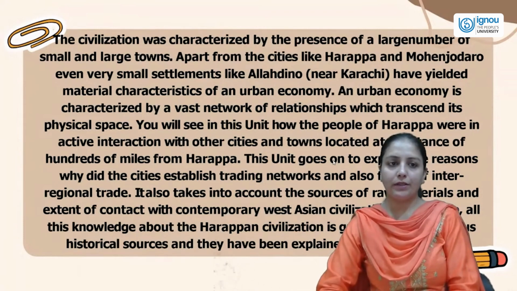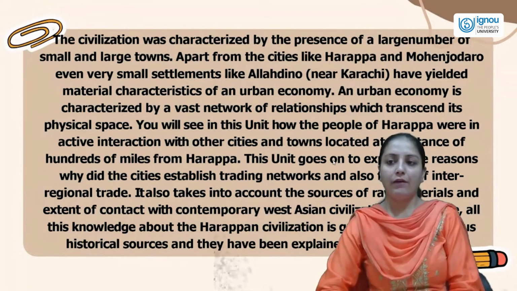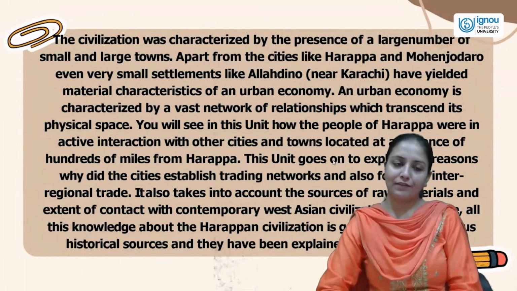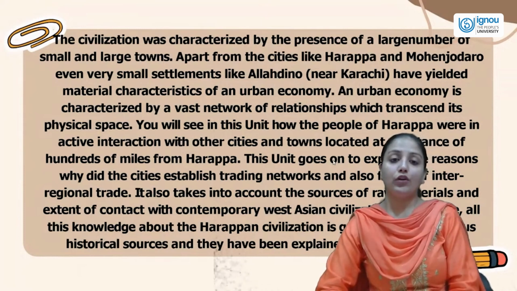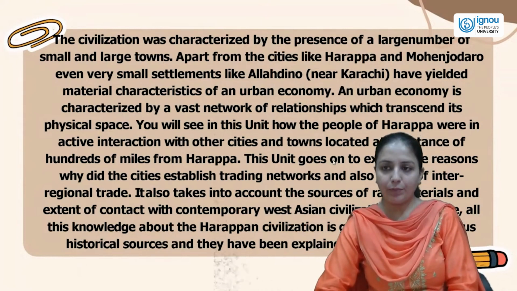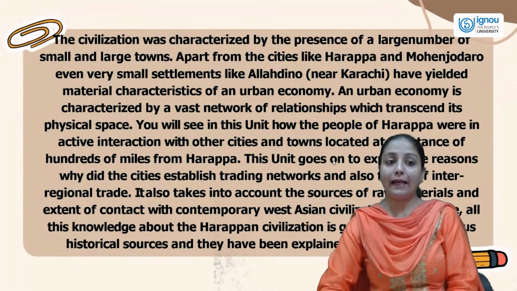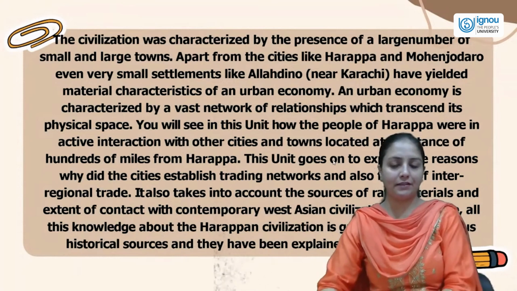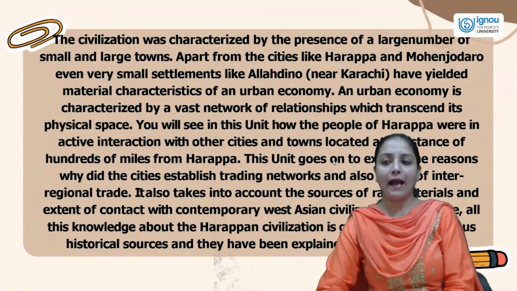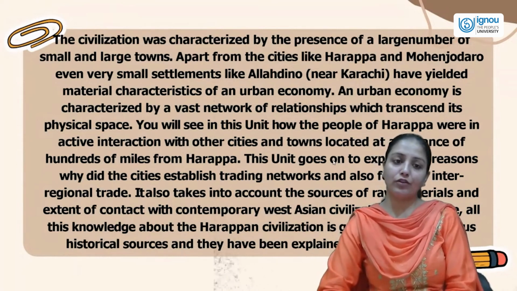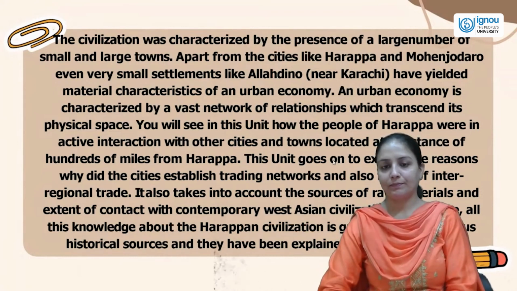An urban economy is characterized by a vast network of relationships which transcend its physical space. You will see in this unit how the people of Harappa were in active interaction with other cities and towns located at a distance of hundreds of miles from Harappa.